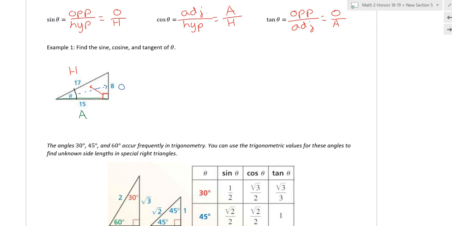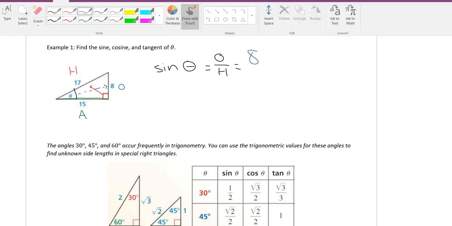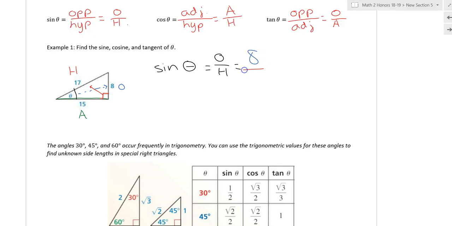So if I'm finding sine of theta, abbreviated sin of theta, equals O over H. Looking at that, my opposite side is 8, and the hypotenuse is 17. All right, and that won't reduce anymore.